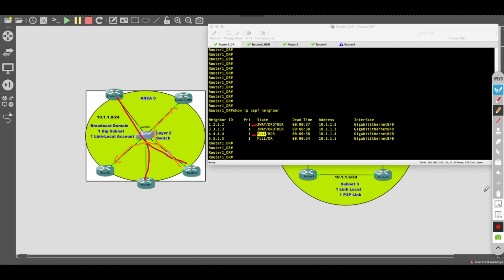Now, how does this happen? How does this all work? Well, it happens by every non-designated router and non-backup designated router sending topology information directly on the multicast address 224.0.0.6. You see, once the election process is complete and we have the designated router and backup designated router defined, these are the only two routers that are allowed to listen on that multicast address.